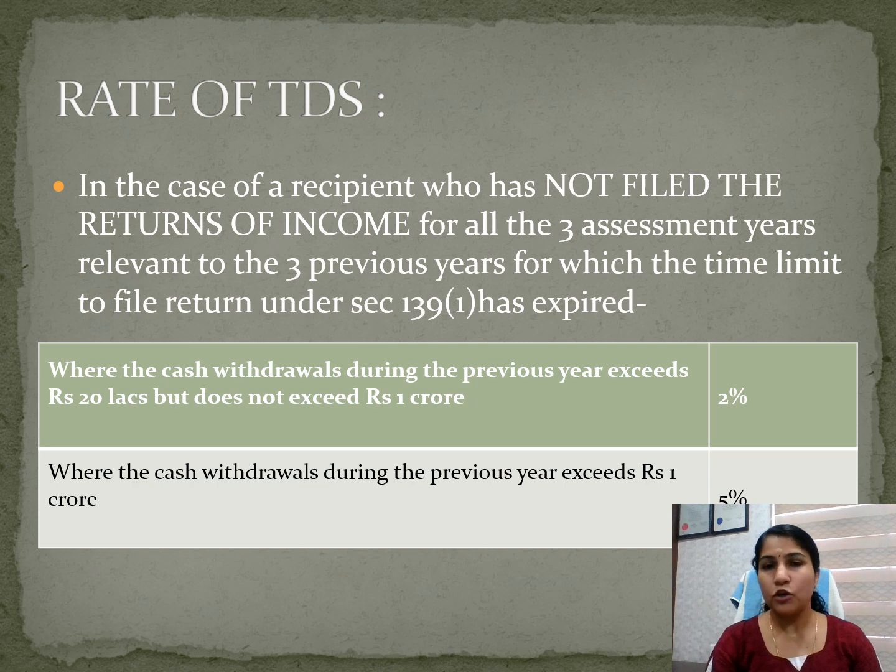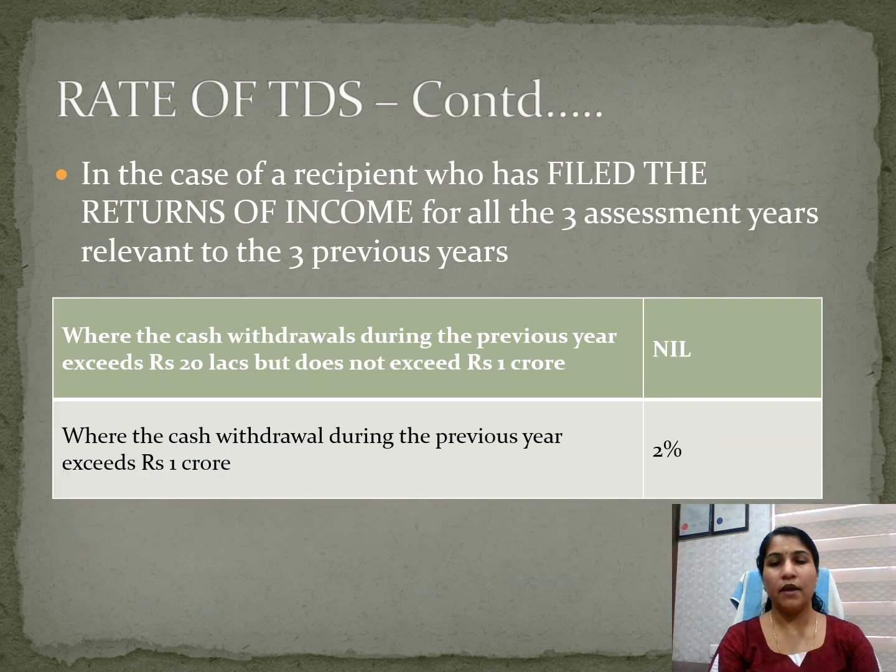This is applicable to persons who have not filed their returns of income for all the 3 assessment years relevant to the previous year, for which the time limit to file return under section 139(1) has expired, as I said earlier. In the case of a recipient who has filed the returns of income for all the 3 assessment years relevant to the 3 previous years, that is a regular taxpayer, a regular return filer, what will be his condition?